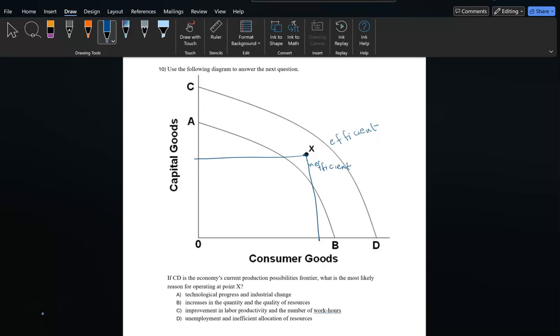Let's say point X, we have 100 capital goods and 100 consumer goods. We can go from point X to point Y, or point X to another point Z on this new PPF of CD.